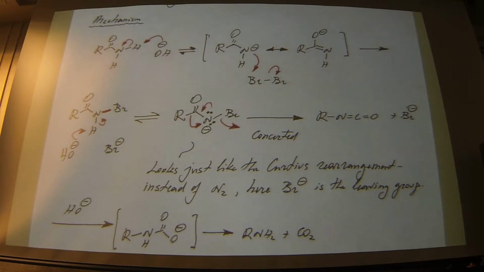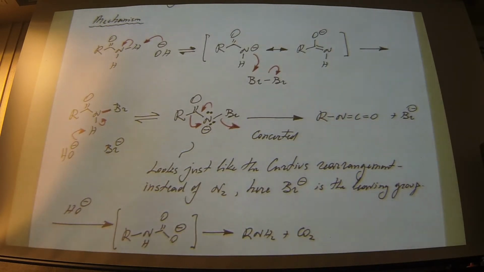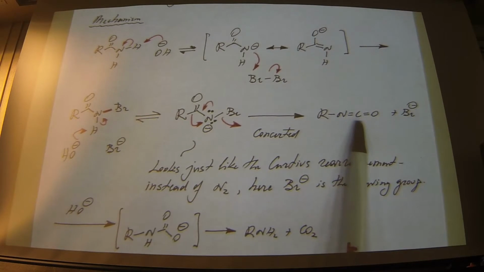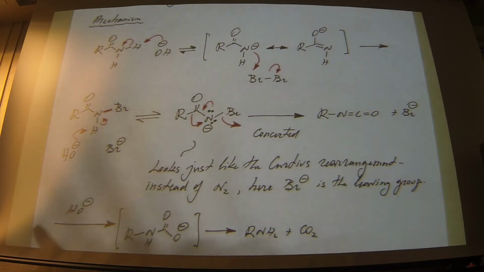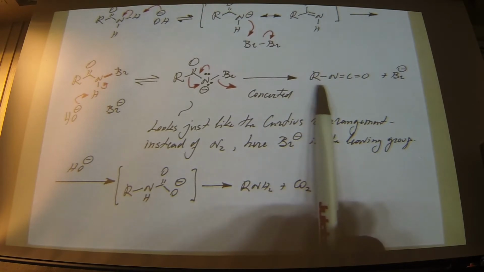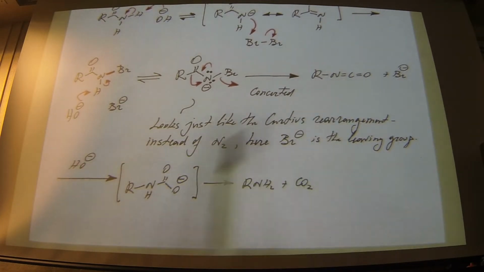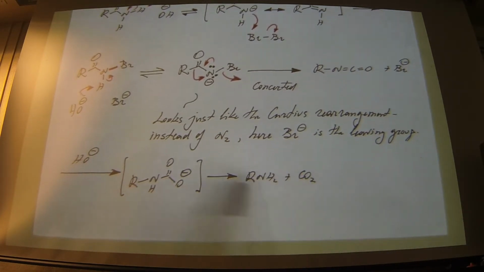Now, there's one difference, and that is that the Hofmann rearrangement takes place in the presence of hydroxide. And the isocyanate, as you know, is reactive to hydroxide. And so you really can't isolate the isocyanate from the Hofmann reaction, because hydroxide intercepts it really fast. You lose CO2 and you end up with the amine all in one step.